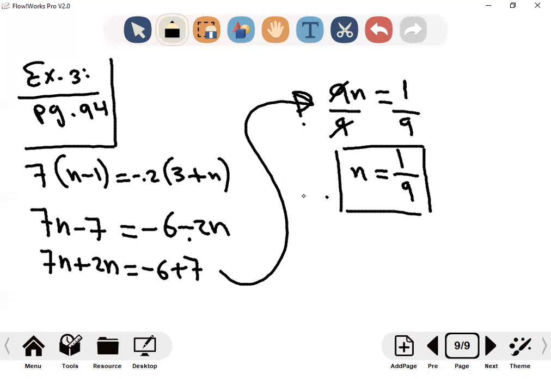When you write 7n negative 7, we divide 7 by 7n. 7 multiplied with 1. I mean, why didn't you write negative 7n? Your time is 7 with 1.